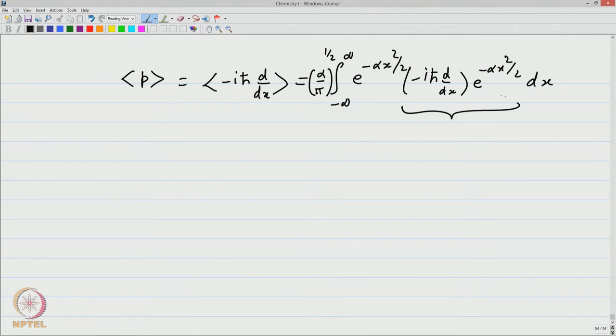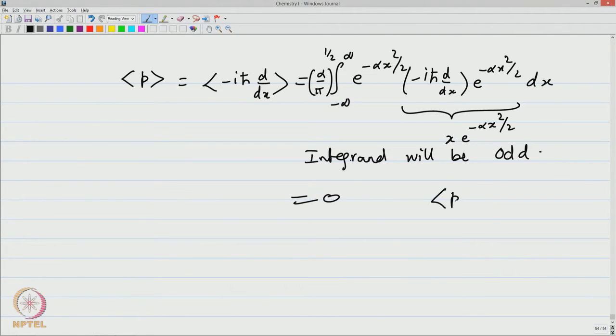And there is no problem: the derivative of an even function gives you an odd function, and this will give you x times e to the minus alpha x squared by 2. And so this whole integrand will become odd. Therefore, this is 0.